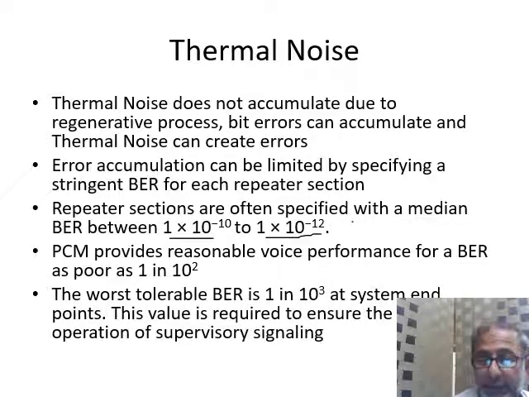Even a 10 to the power minus 2 bit error rate gives a reasonable voice performance, but normally 1 in 10 to the power 3, which means 10 to the power minus 3 BER, is not tolerable. Beyond this is not tolerable.